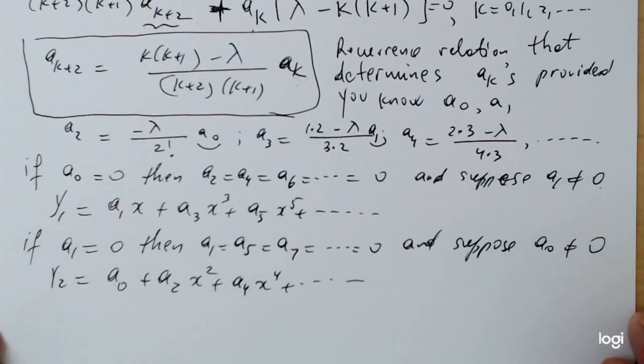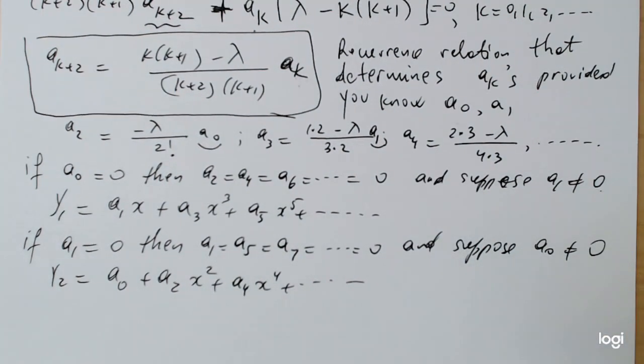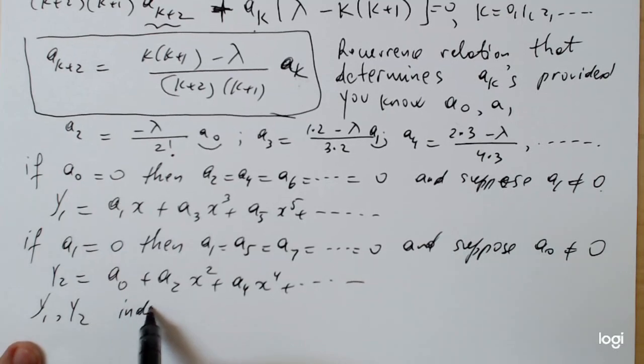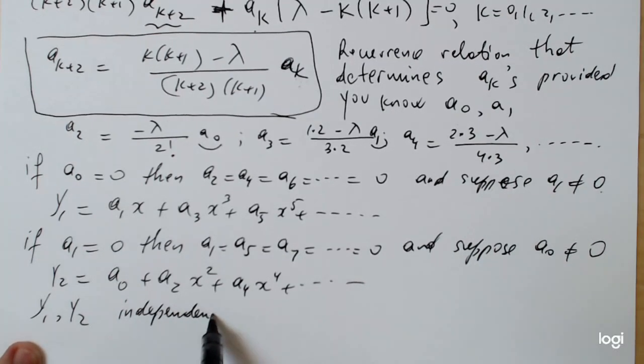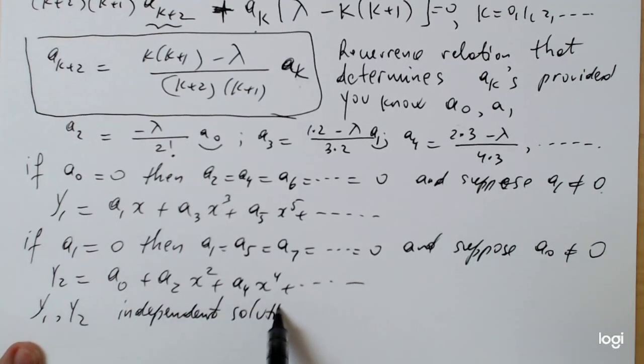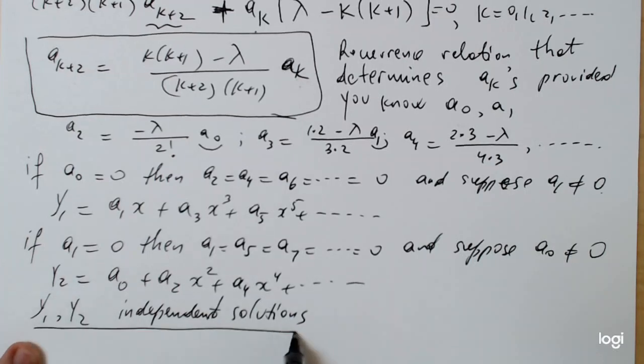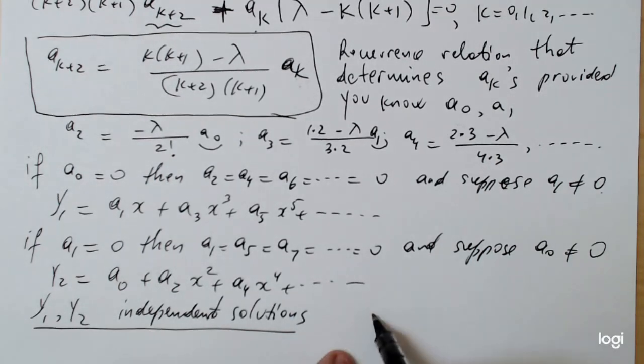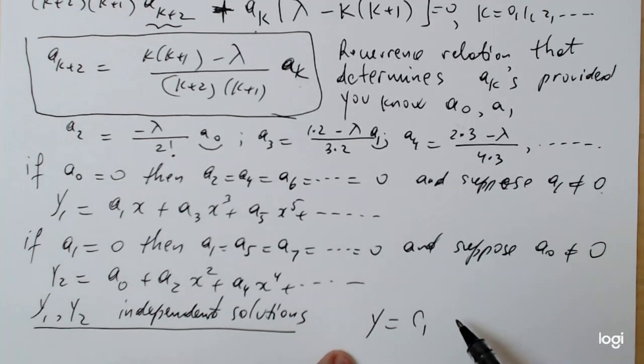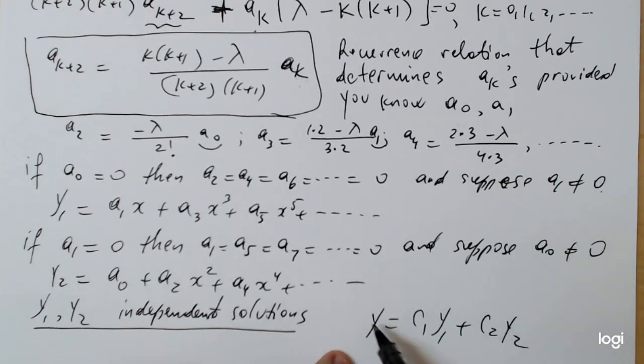So my last point for today is that it's actually very easy to produce two linear independent solutions that solve the Legendre equation. You can simply, like I said, assume A0 equals 0 and A1 not equal to 0, and that gives you one independent solution.